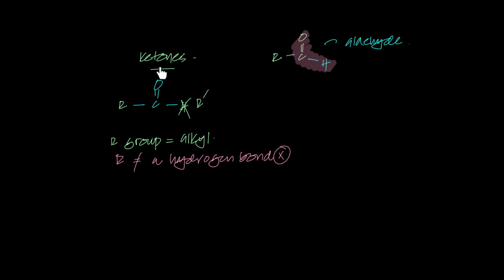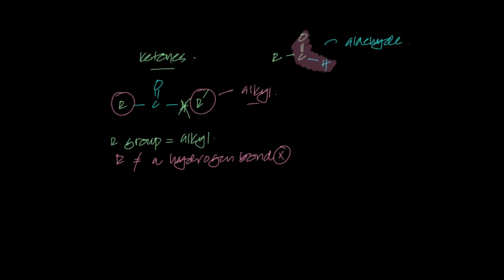Because if you put a C double bonded to O bonded to an R, which is CH3 maybe, or CH3CH2, whatever it is, if you put a hydrogen bond here, it'll convert into an aldehyde. So this R cannot be a hydrogen bond in case of ketone. Both R and R prime, R and R dash, are both alkyls.